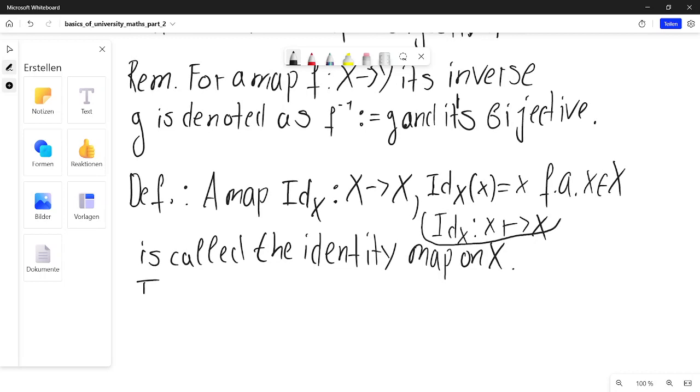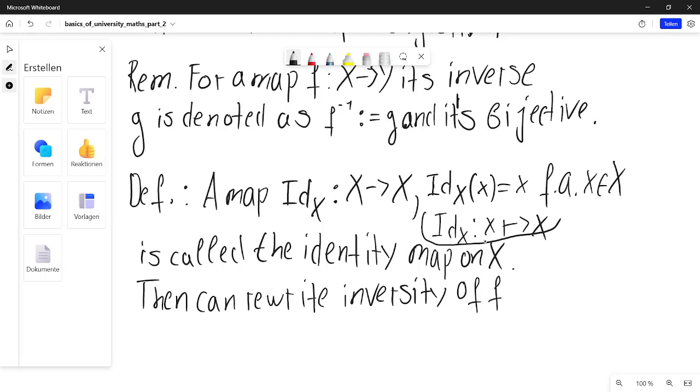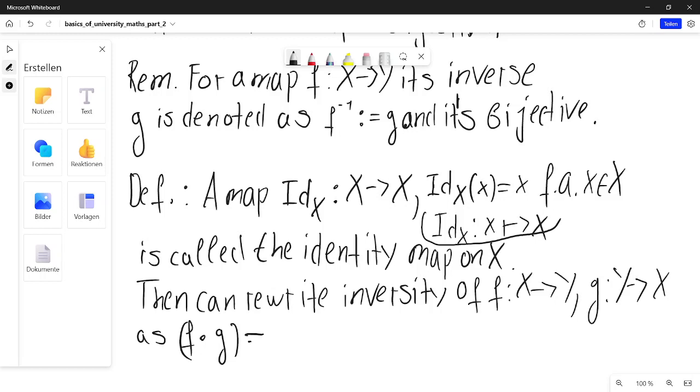Okay, and we can rewrite the invertibility of f: f composed with g equals identity, also written with a small i.